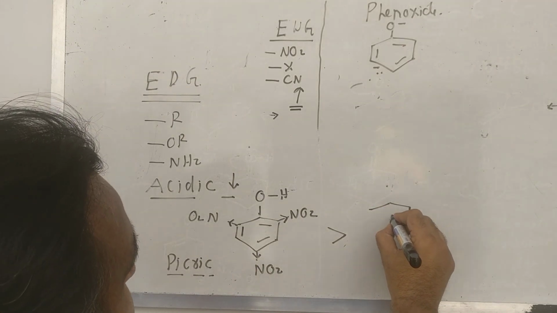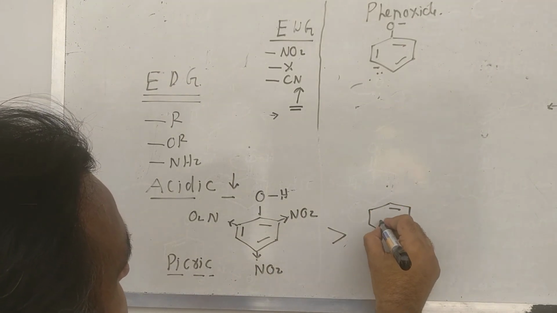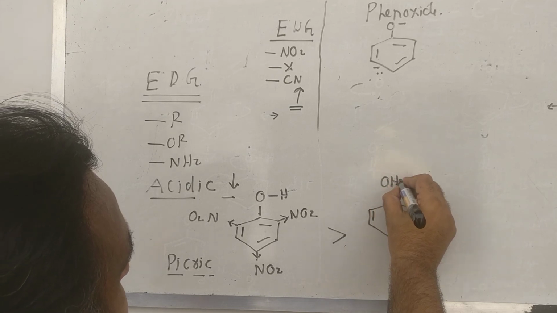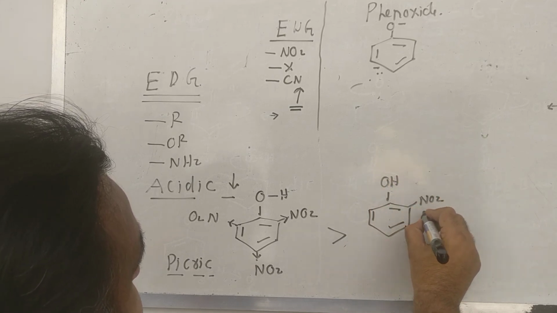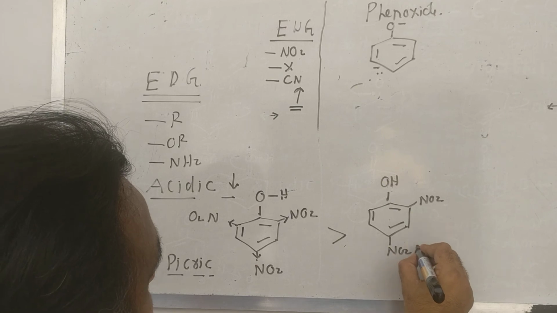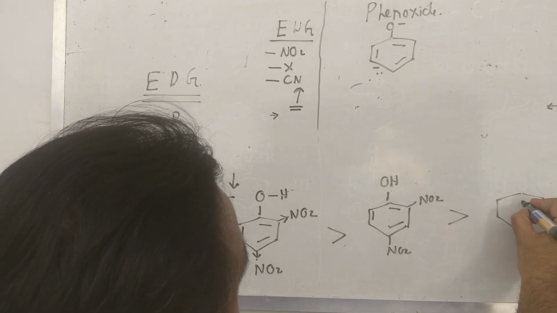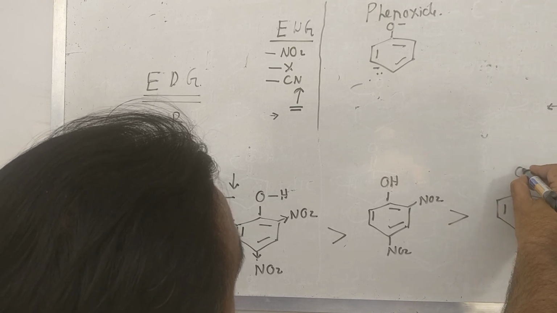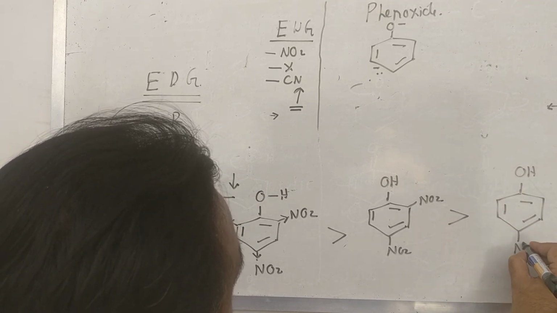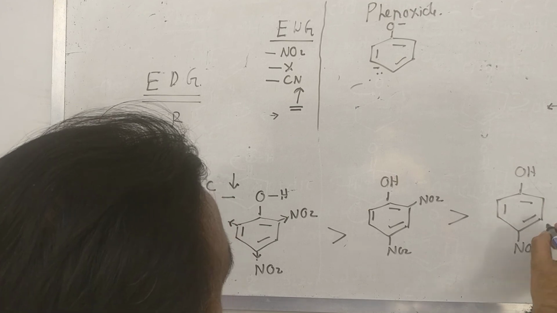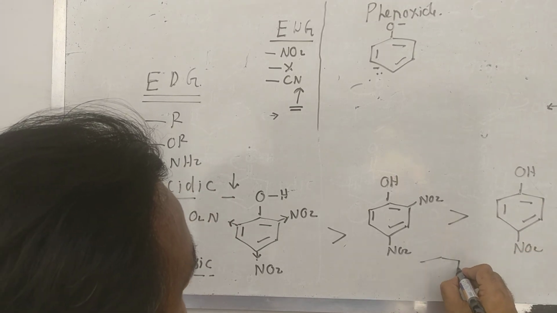If you decrease the electron withdrawing groups by one, let's say you put only 2 electron withdrawing groups, you will find the acidic nature will decrease further. Remove one more, the acidic nature will decrease further. Suppose we have ortho-nitrophenol. Remove even that one, the acidic nature will decrease.